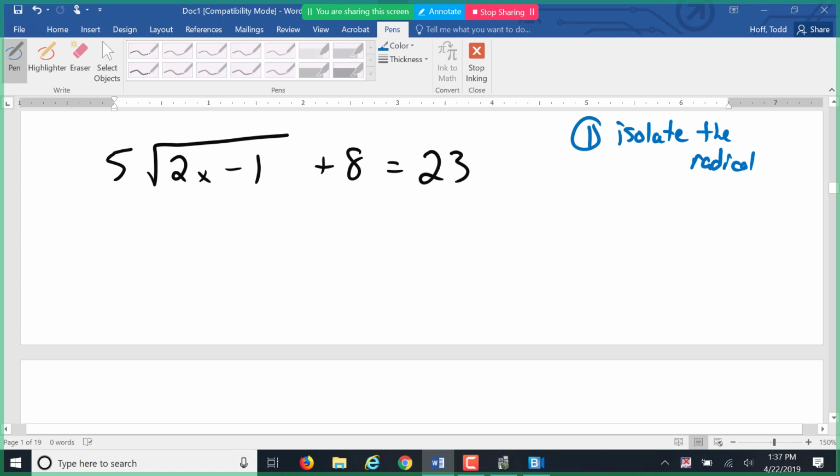So we got to basically solve this equation once before we even start to solve it. So to isolate the radical, it's been multiplied by 5 and 8 has been added. So we're going to reverse that. We're going to subtract 8. So we have 5 times the square root of 2x minus 1 equals 31.